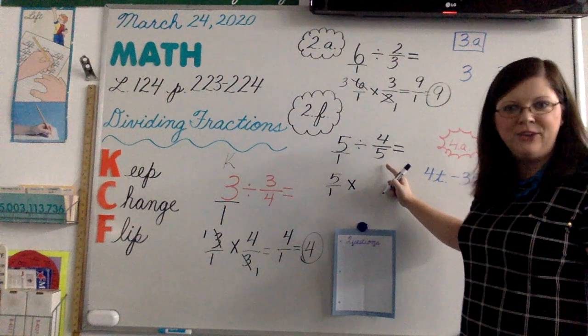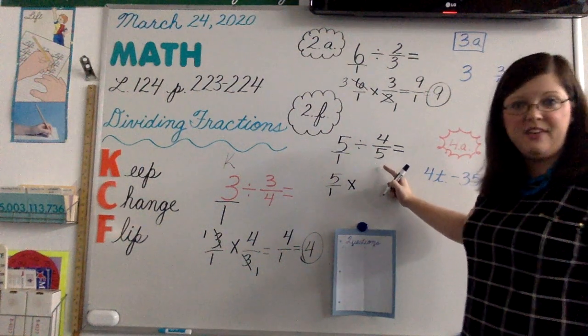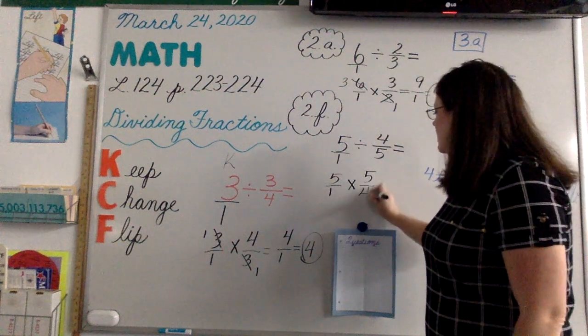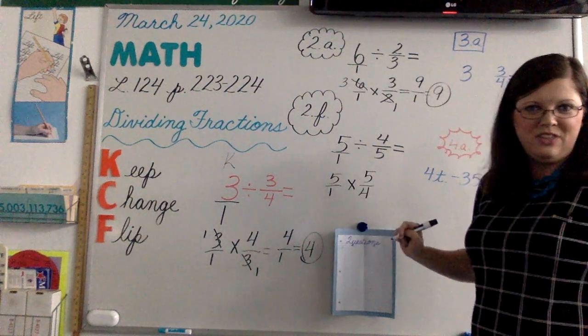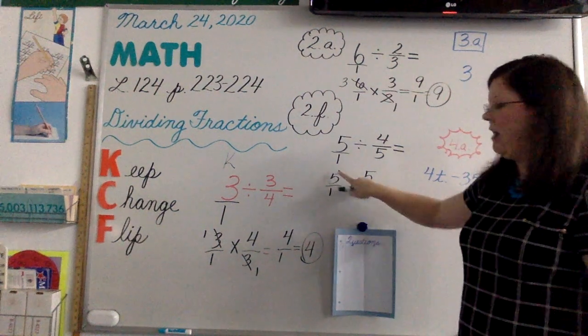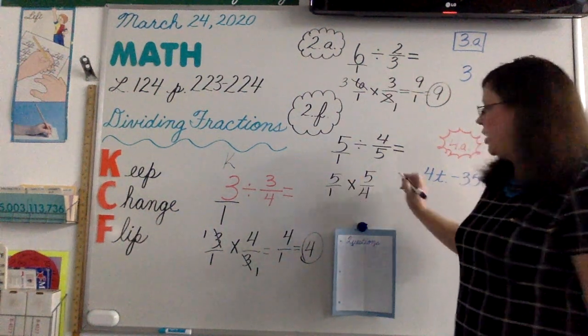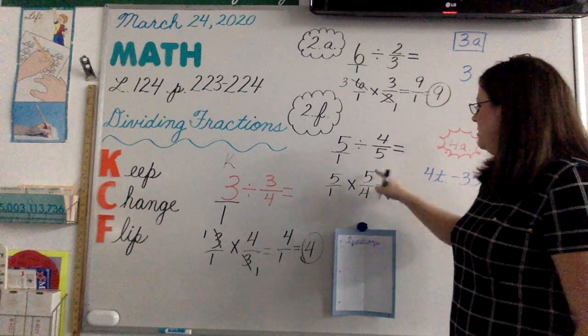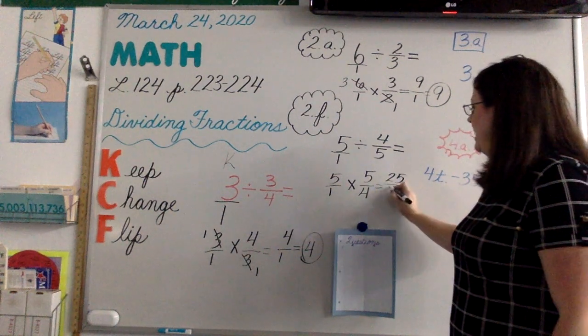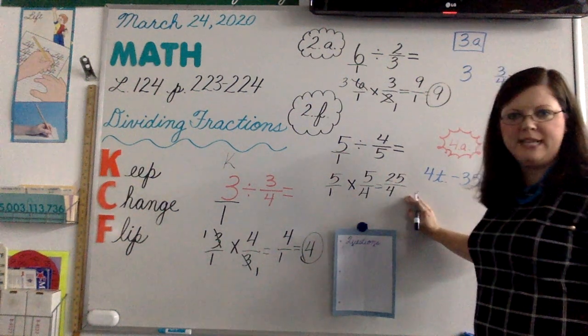Flip the final fraction. 4/5 becomes 5/4. Well, we cannot cancel anything here because we have a 1 diagonally and we have counting order here. So we're just going to go ahead and multiply. 5 times 5 is 25. 1 times 4 is 4. Ooh, examine this one.